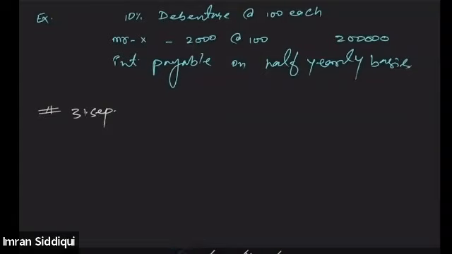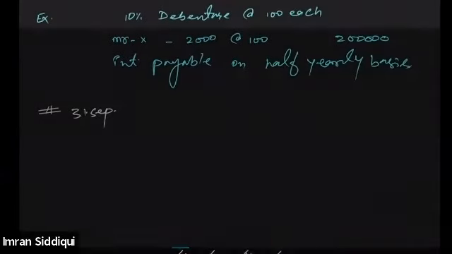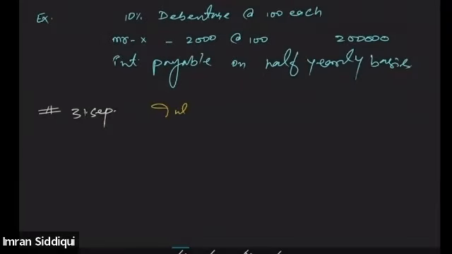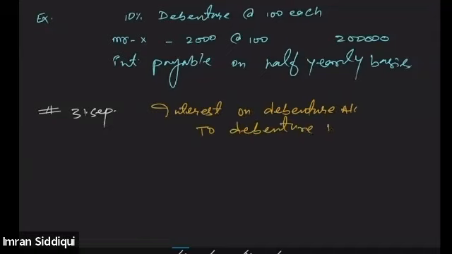That entry will be: Interest on Debenture Account debit, to Debenture Holder Account. Understood? This is the entry when the interest will be due. I hope this is clear.